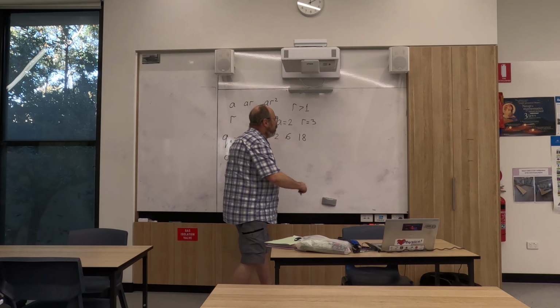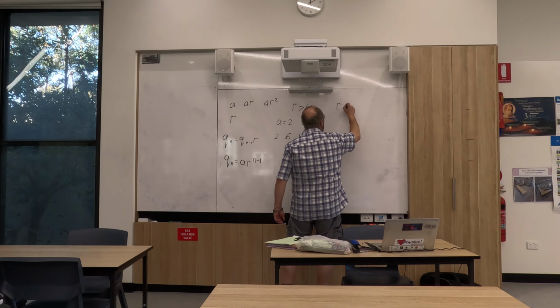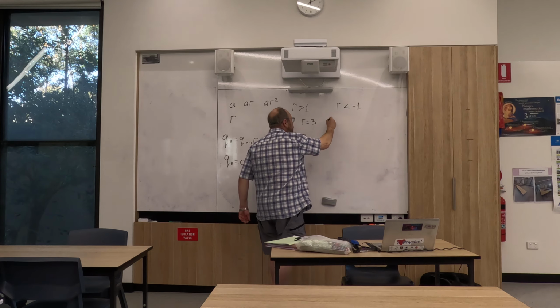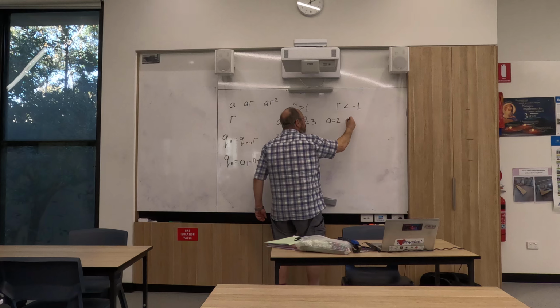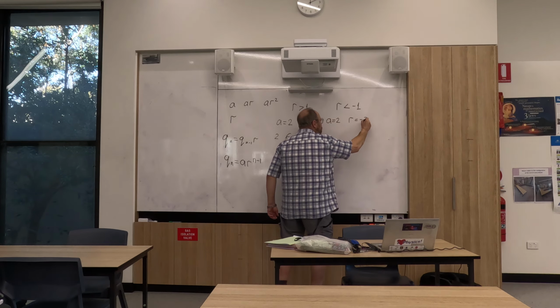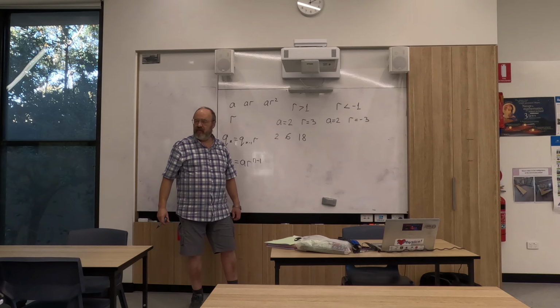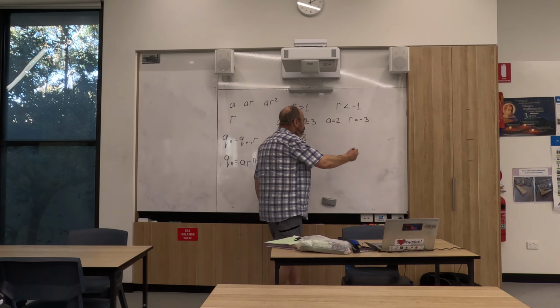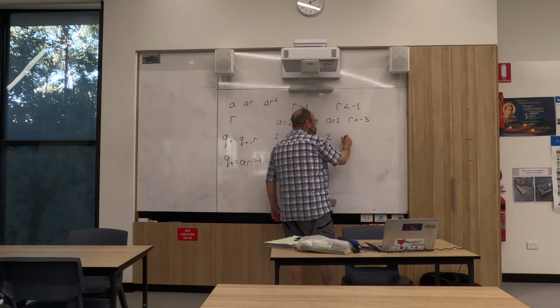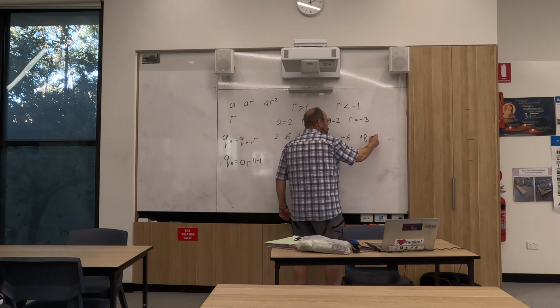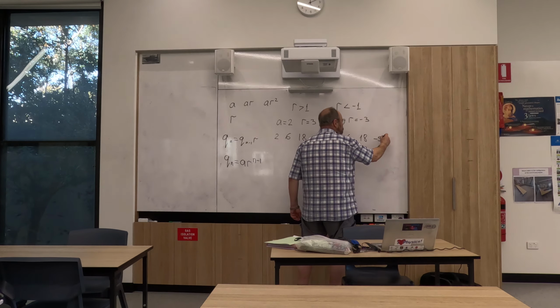What if r is less than negative 1? So we have a equals 2 and r equals negative 3. How will our sequence look? First term 2, the next will be negative 6, then 18, then negative 54.